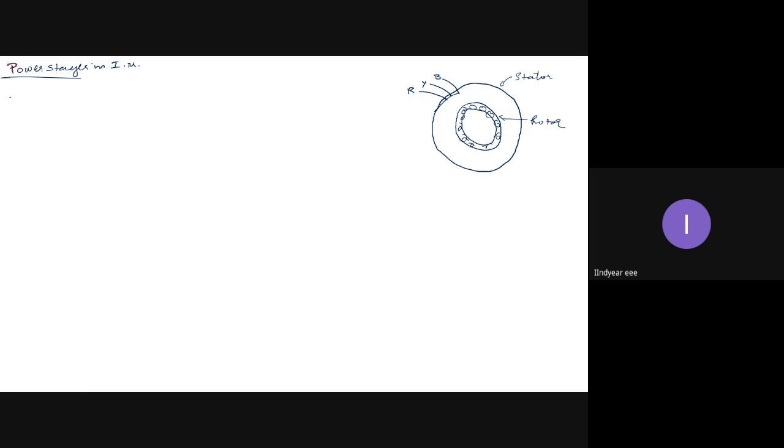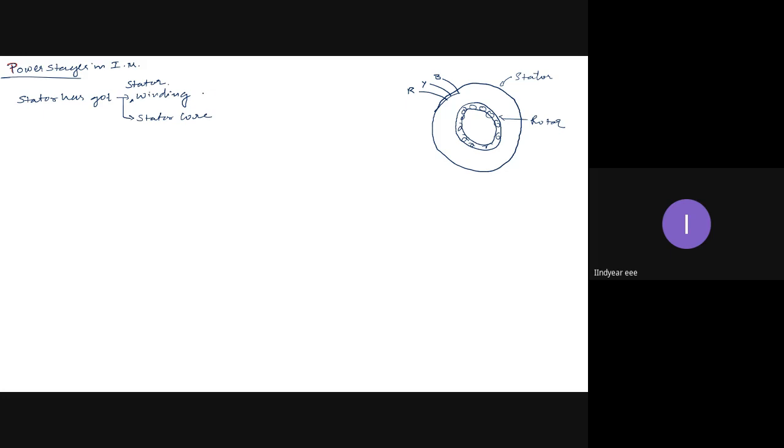What stator has got? What are two major things in stator? Winding and what is the next part? Stator core. Okay. So the slots are punched in stator core itself. Okay. We have stator winding and stator core.